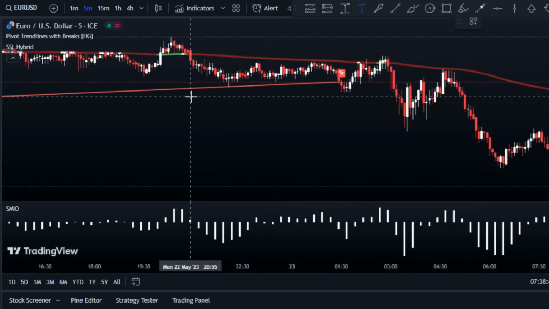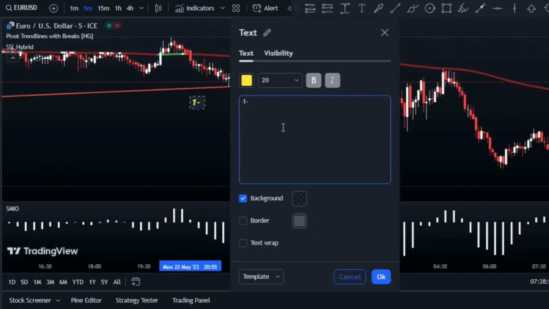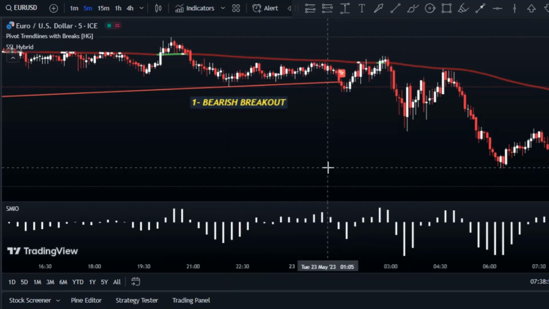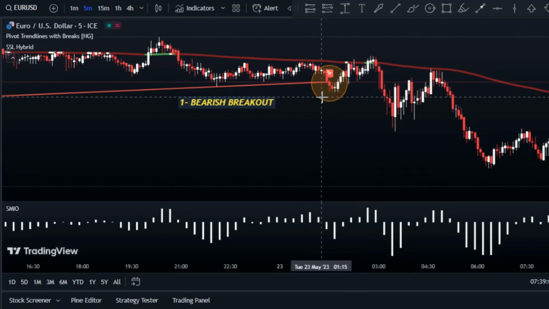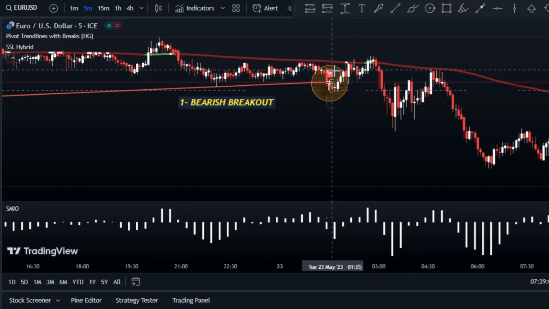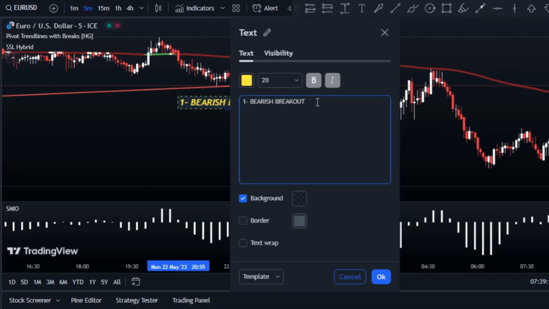And to enter a short trade, 3 conditions must align. First, the candle must close below a red trend line, indicating a bearish breakout. Next, we need confirmation of a downward trend.